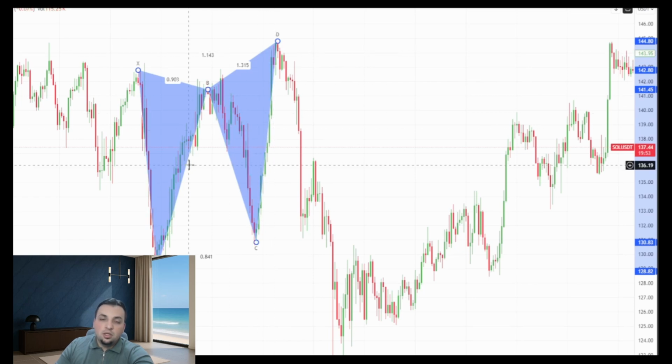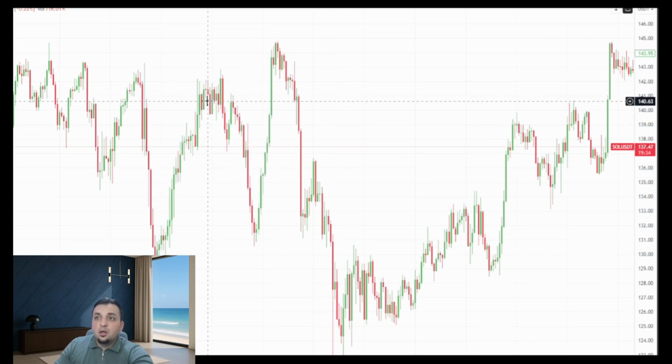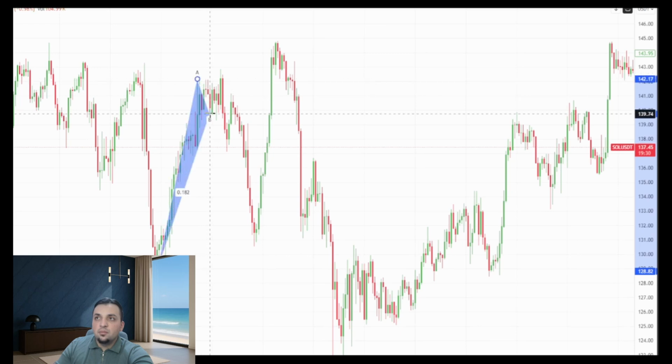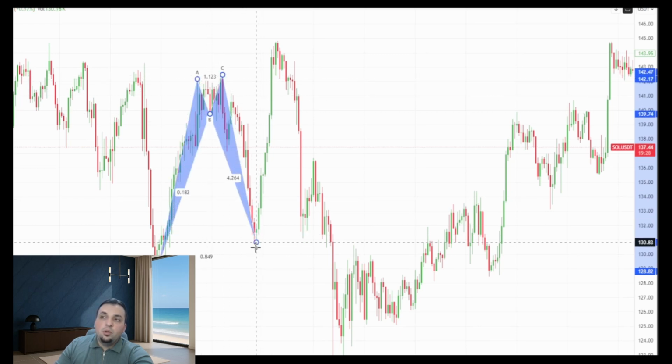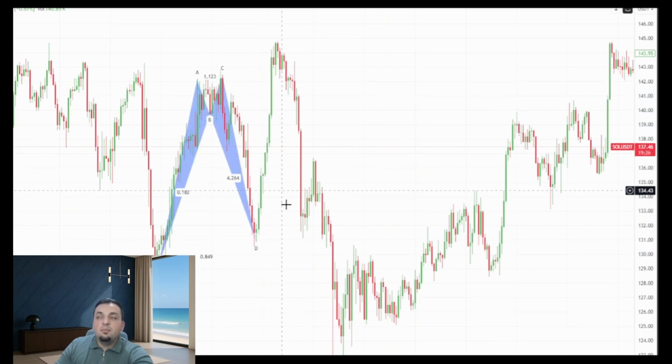As of right now, I just drew a W pattern, and a W pattern basically indicates a move down, so that's why we got an aggressive, impulsive bearish move. Now, if we delete the W pattern, inside the W pattern, we have an M pattern. So we will be able to buy this big bullish move up and then after that sell.